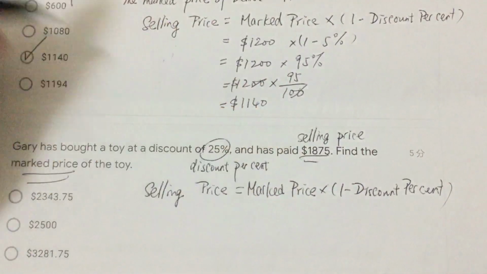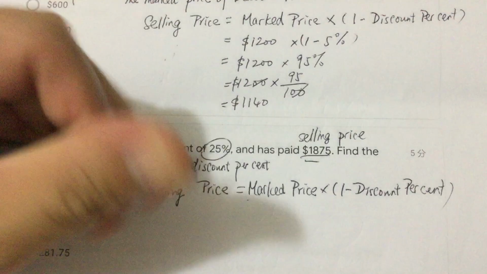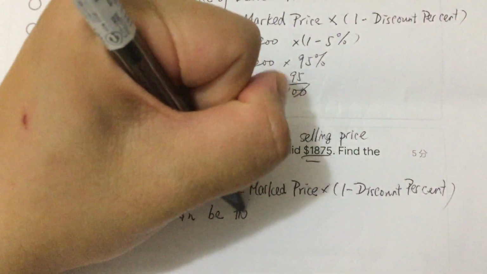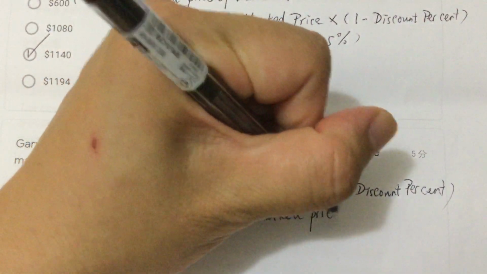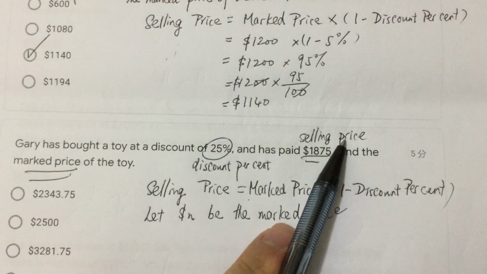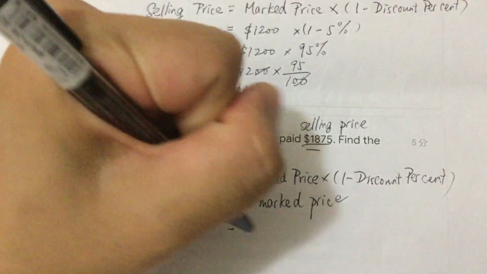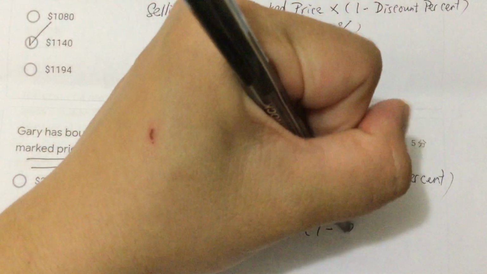And then, because this time the mark price is unknown, that means we need to find the older one. So we need to let n be the mark price. So selling price 1,875. So we write down 1,875 here, and n here, times 1 minus 25%.